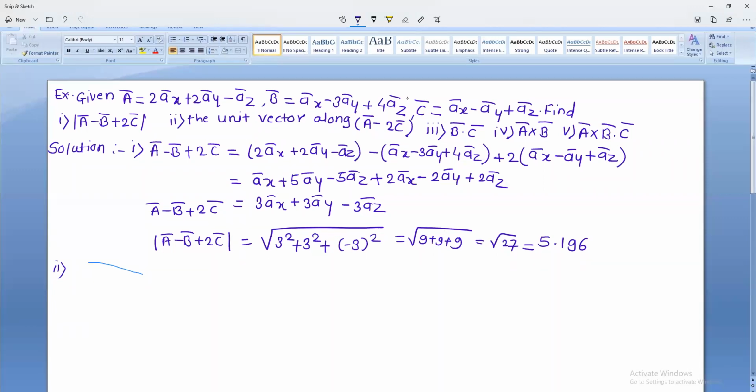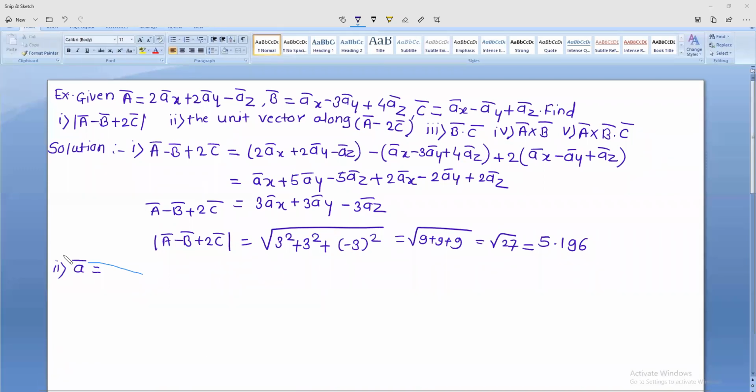And it is used to give direction. Now, how we are defining any unit vector? Unit vector is equal to b bar divided by mod of b bar, right?